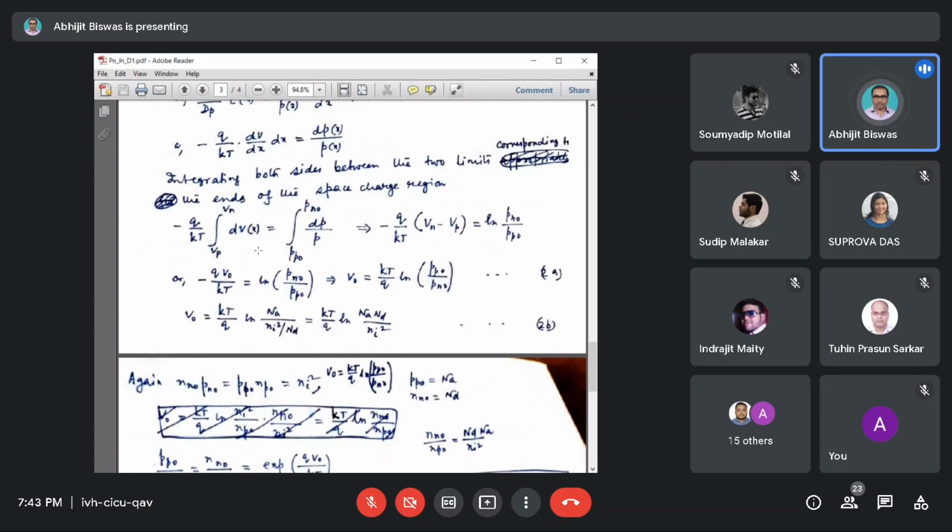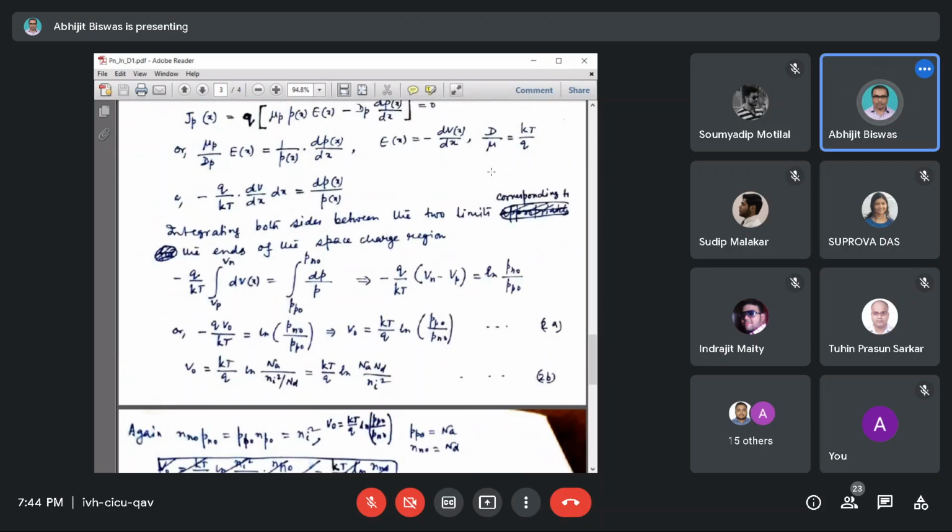On the n side, at the edge of the depletion region, the potential is Vn, and the corresponding hole concentration is Pn0. With proper limits, the definite integration gives minus q by kT, Vn minus Vp, equals ln Pn0 by Pp0.